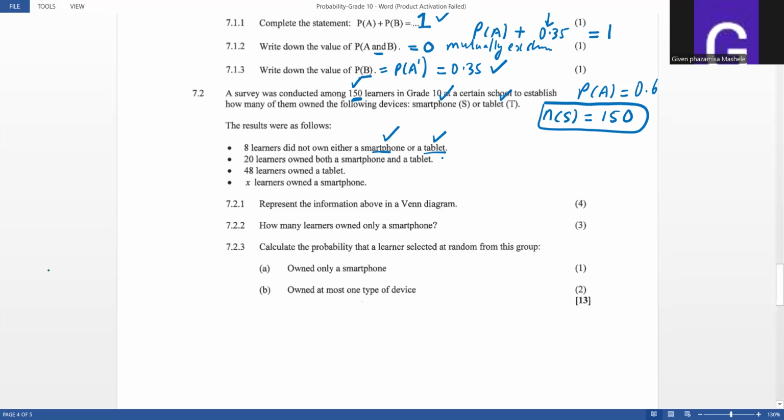But 8 learners did not own either, so it's not a smartphone and it's not a tablet. I believe you're following.